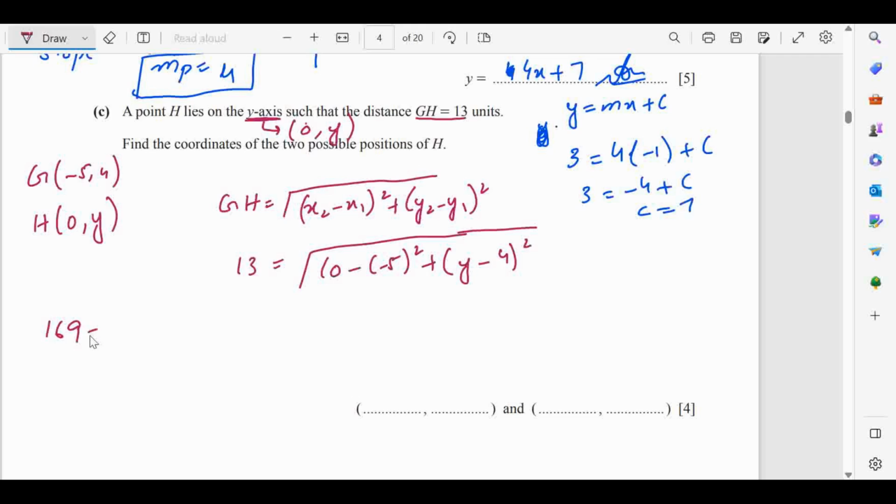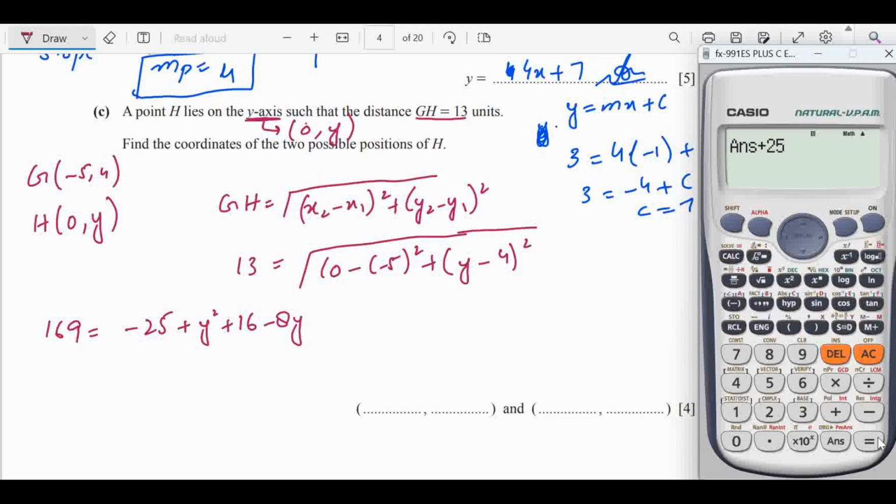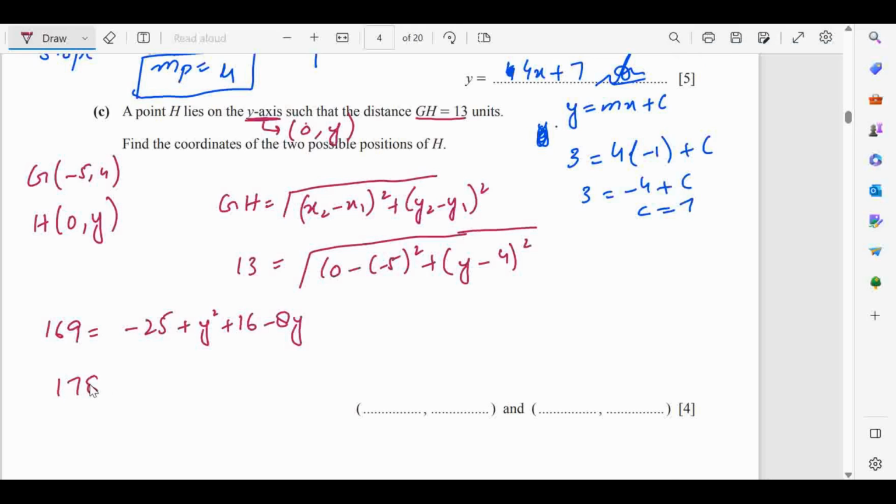So 169 is equals to 25 plus y square plus 16 minus 8y. We can rearrange it.